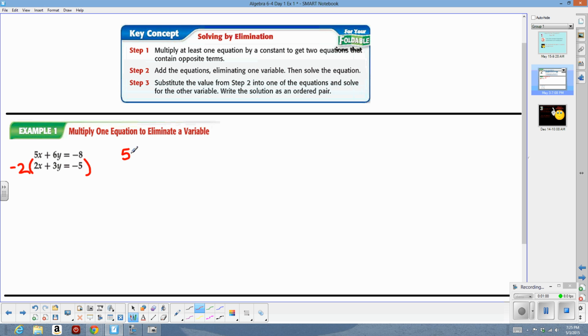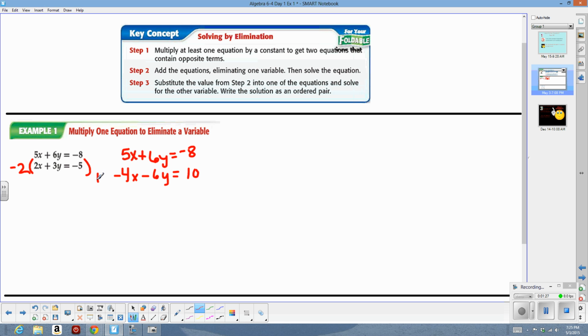The first equation is going to stay the same, 5x plus 6y equals -8. And the bottom equation, -2 times 2x is -4x. And then -2 times 3y is -6y. And -2 times -5 is +10.